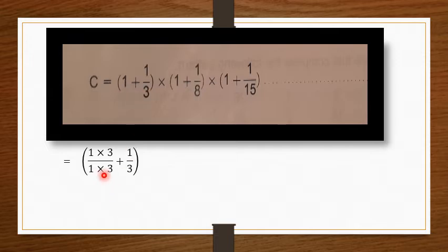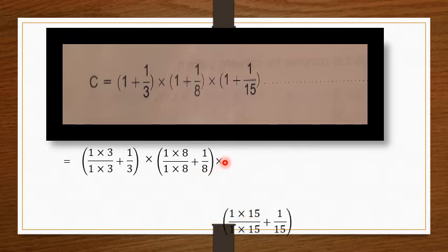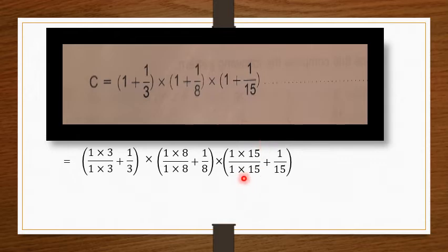By multiplying by 3 the numerator and the denominator. Okay, similarly the second one, it's over 1, but here we have over 8, so I multiply by 8 above and below, and the same idea is repeated here. It's 1 over 1 plus 1 over 15, so I multiply by 15 in order to have the same denominator, because if I don't have the same denominator, I cannot add the fractions.